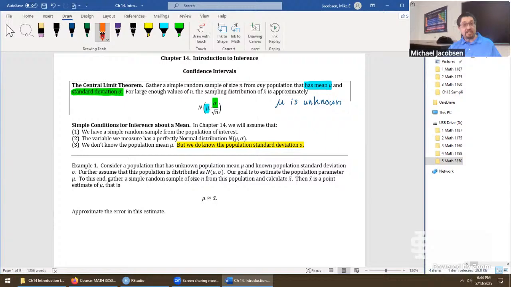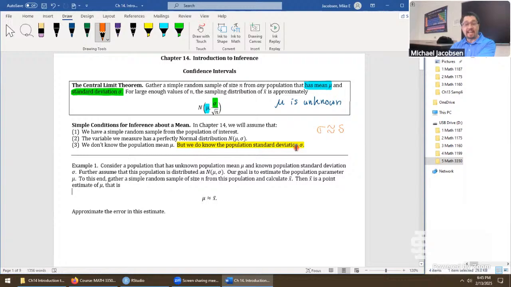Back in the day, before the t-distribution was discovered by Gosset, they estimated sigma approximately equal to the sample's standard deviation. And that seems about right. It is the right estimate to make, but there is an error in that estimate as well. If we can't quantify or describe that error, then the procedure that they used historically was flawed.